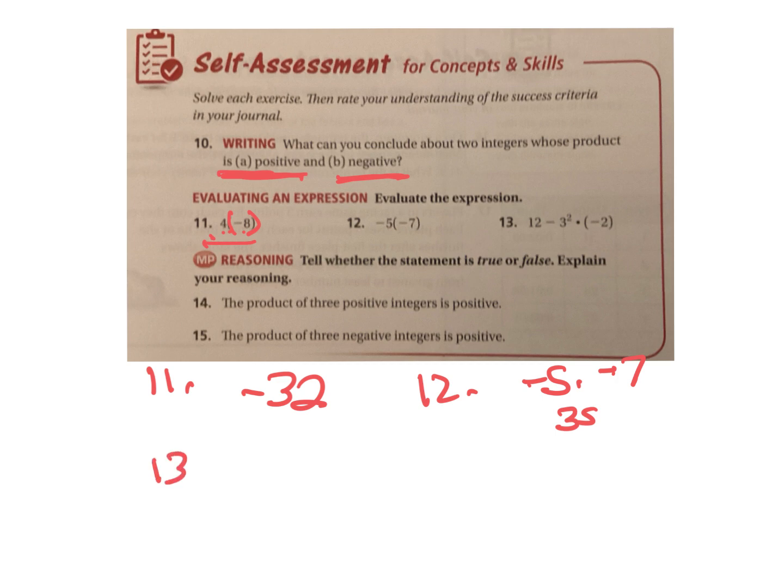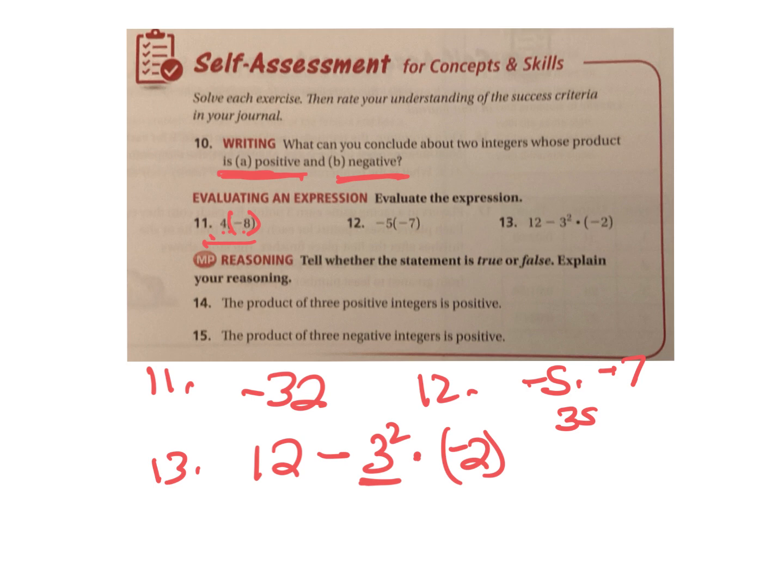13. Okay, this is a little bit more complex. 12 minus 3 squared times negative 2. So we have to do the parentheses first, but there's nothing to do with negative 2. That's fine. Then we do the exponents.